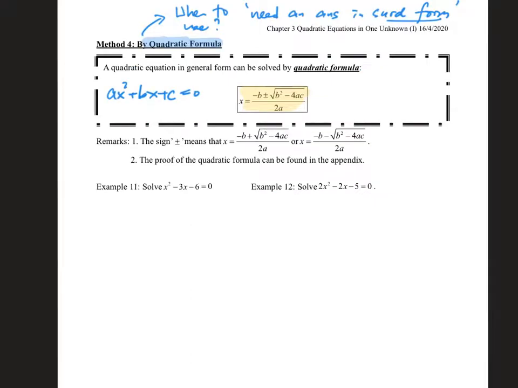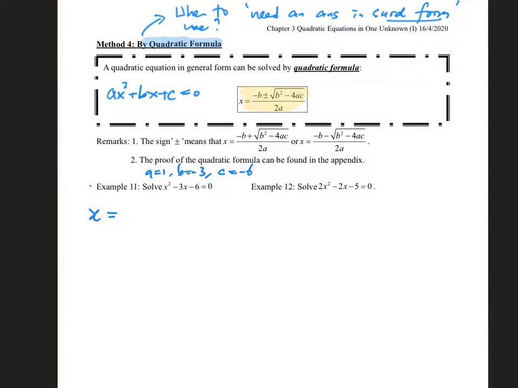Now we come to how we can apply the quadratic formula. So let's take example 11 first. If you need, you can write A is 1, B is minus 3, and C is minus 6 on top of the question to help yourself to identify A, B, C. And then next, do remember to write your subject because you're talking about x.